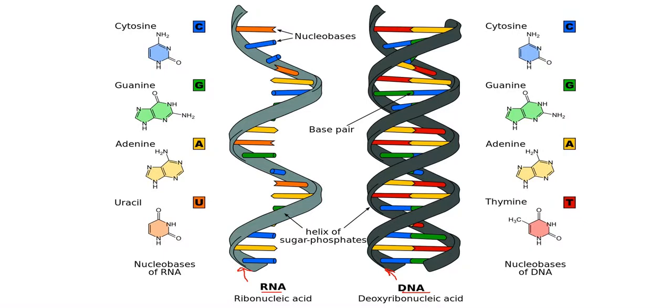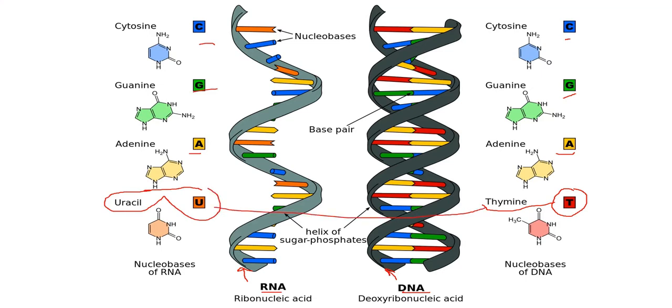DNA will have adenine, guanine, cytosine, and thymine. But RNA will have adenine, guanine, cytosine, and no thymine. It will be replaced by uracil. So this is also a difference between the DNA and RNA molecule in structure.